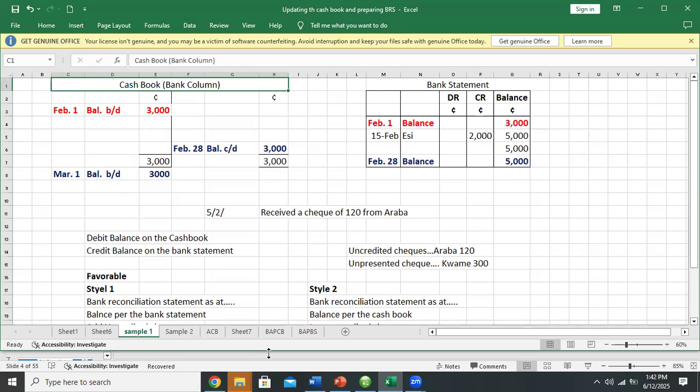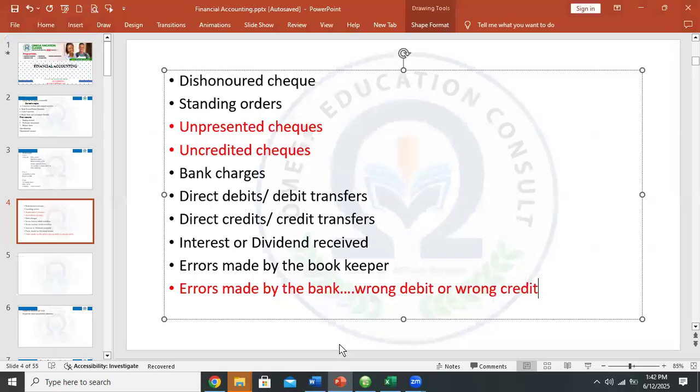So let me quickly recap what I've done today so that you don't get confused. What I have done today, professors, is to help you appreciate how we do a bank reconciliation statement. And for you to do a bank reconciliation statement, your focus is on the following three items: unpresented checks, uncredited checks, and then errors made by the bank, which I've stated is either a wrong debit or a wrong credit.